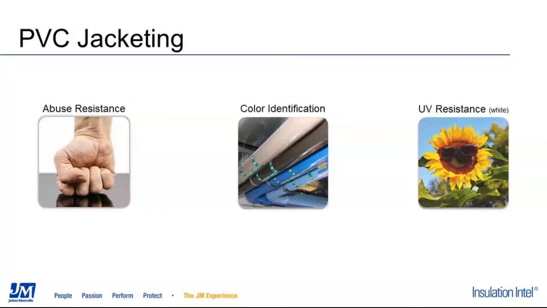However, PVC jacketing comes in 14 colors, so hopefully you can find the color that would be appropriate for your facility to provide you with color identification as well as the aesthetic. And finally, white PVC jacketing does have the UV stabilizer in it, so it does provide some UV resistance.